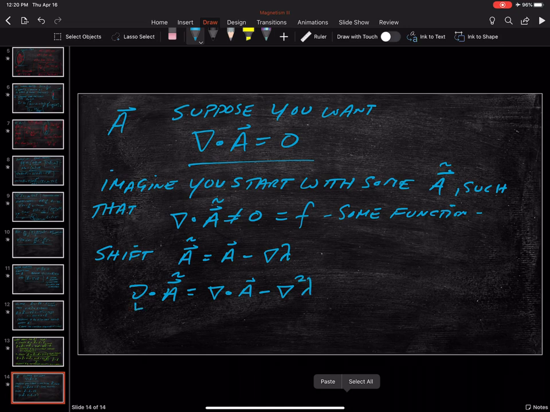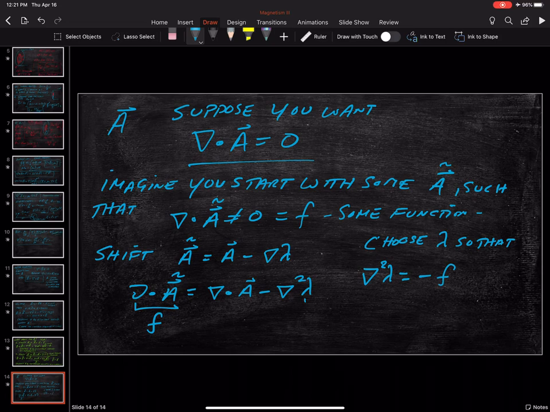But this is f. Okay. So now I never said what the lambda was. This is completely up to me. Suppose I choose lambda so that del squared lambda is equal to minus f.